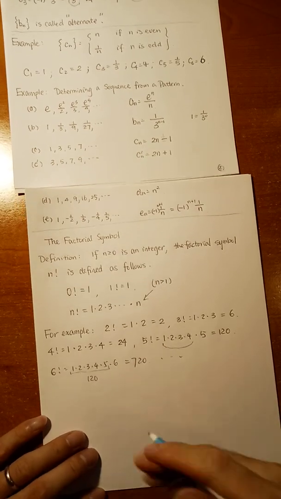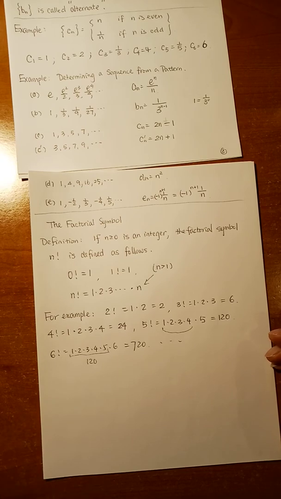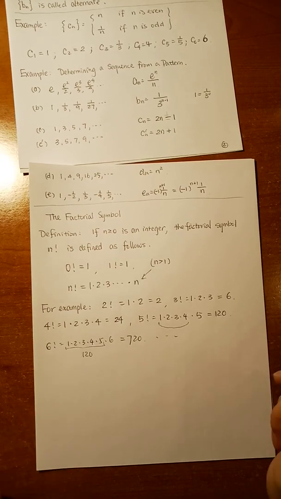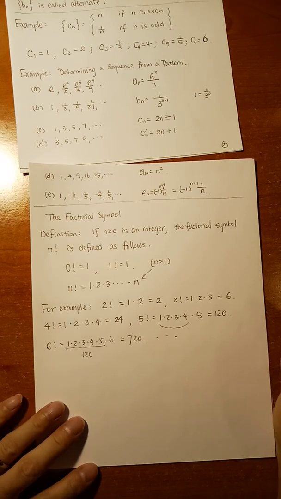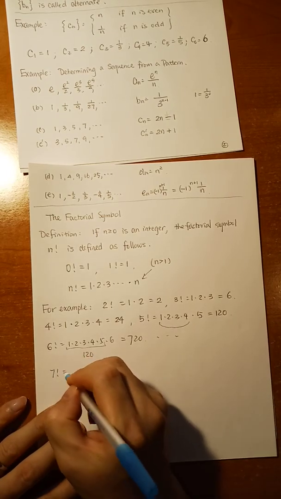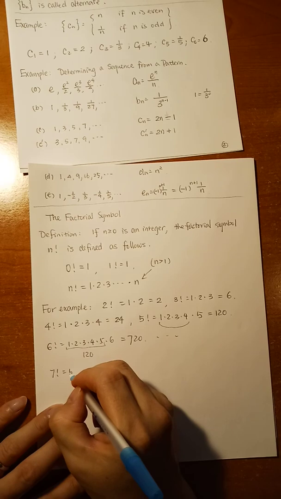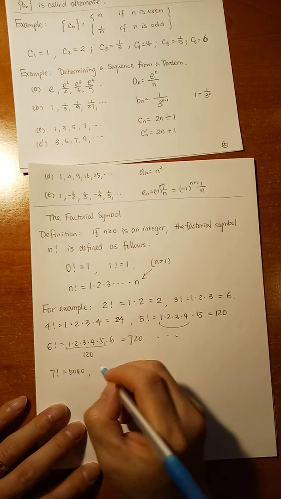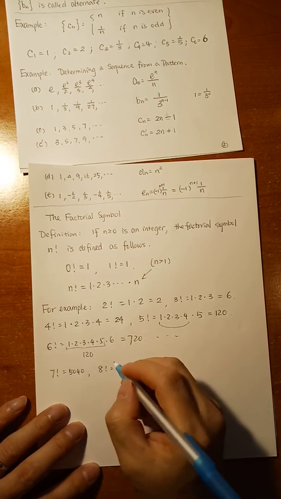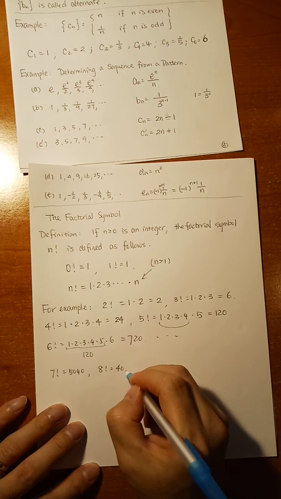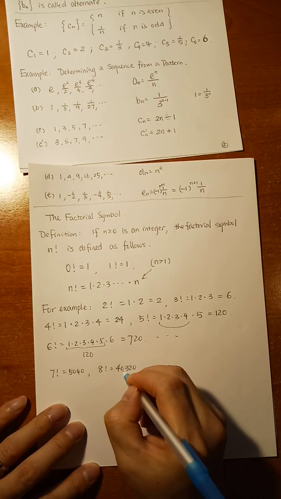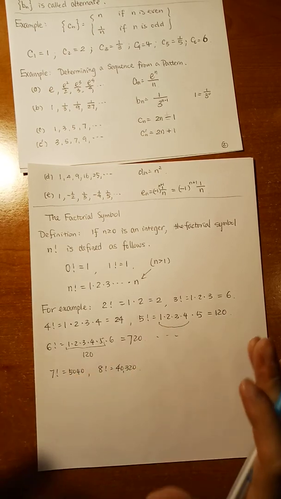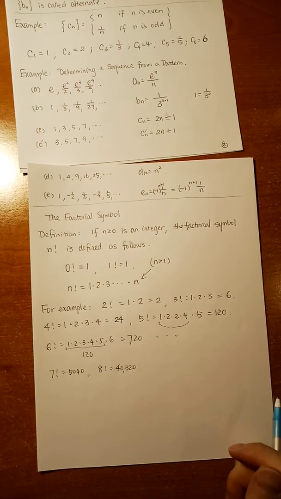And so on. You can continue this product. So this is the factorial symbol. You will get 7 factorial is 5,040 and 8 factorial is 40,320. The numbers increase very, very fast.